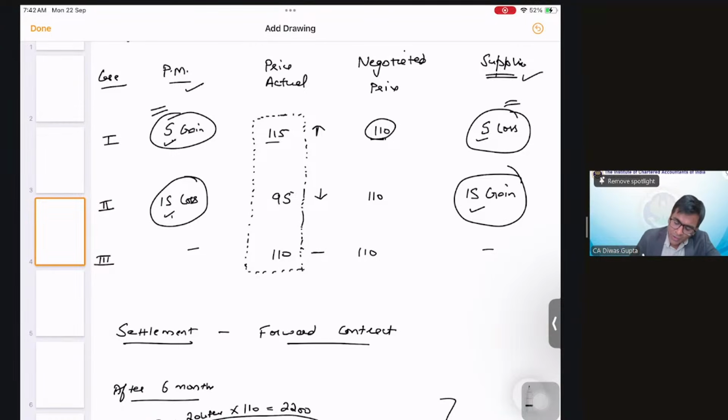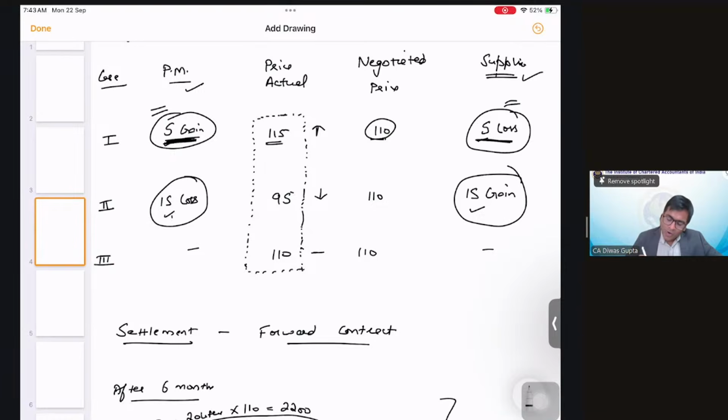The moment the actual price of 115 has gone up, the person who was sitting on the buying position has gained, and the person sitting on the selling position has incurred a loss. Clear? Because the contracted price was 110 and the actual price was 115, the person in the buying position will have a 5 rupee benefit because they don't need to spend 5 rupees extra in the market.